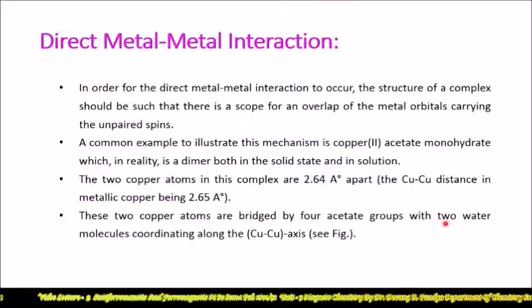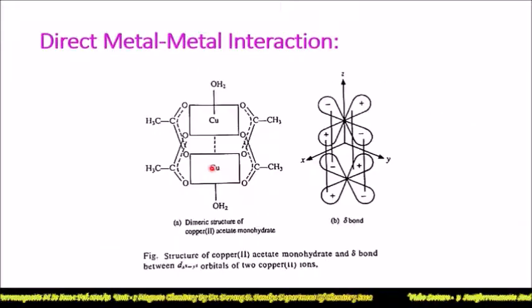We can see this in the figure. Here you can see the distance between these two coppers is 2.65 angstrom, and the acetate ligands are bridged between these two coppers, with two water molecules axially arranged.